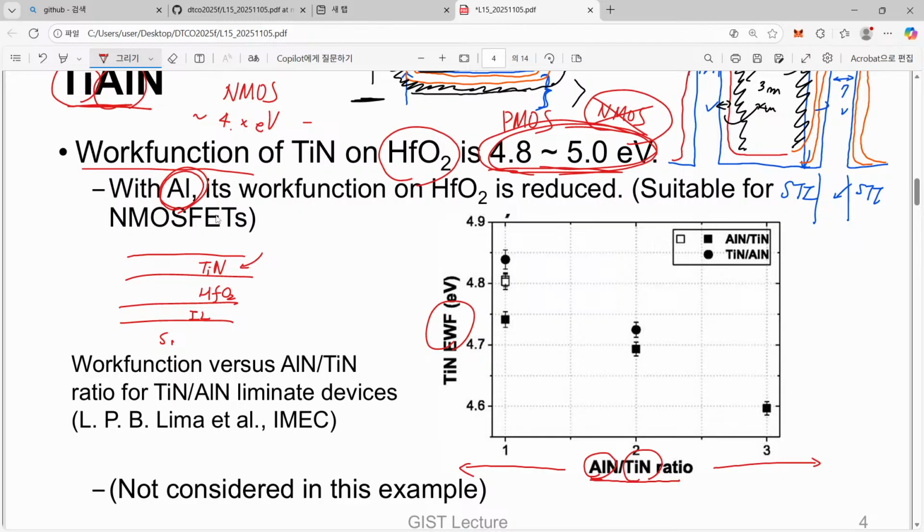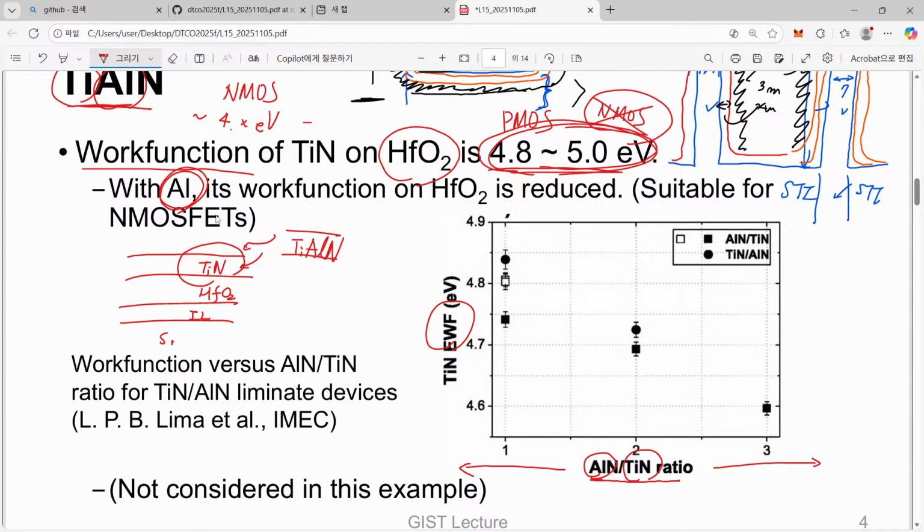So what they usually do is introduce a global titanium nitride layer. And if you want to control the threshold voltage, then add an additional layer of titanium aluminum nitride.